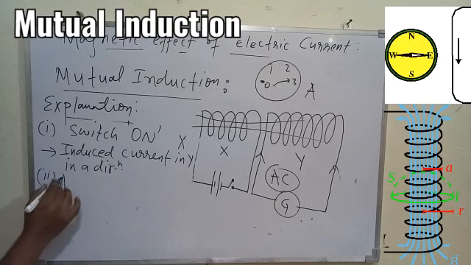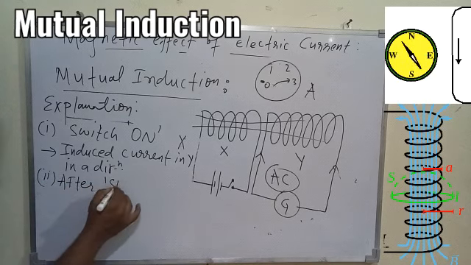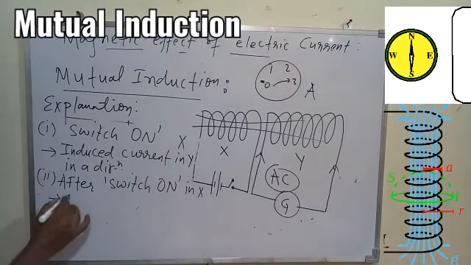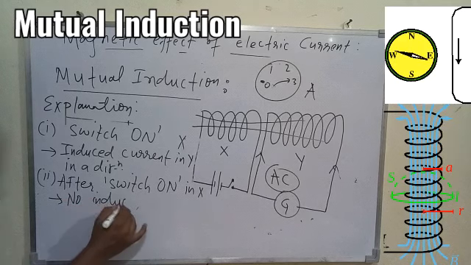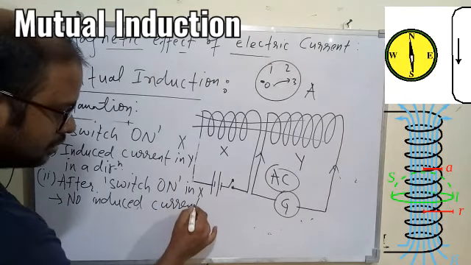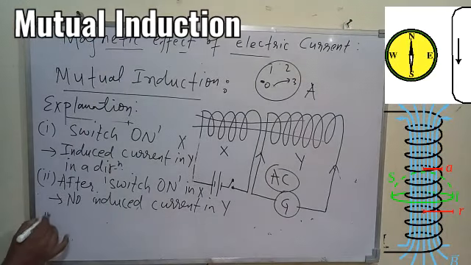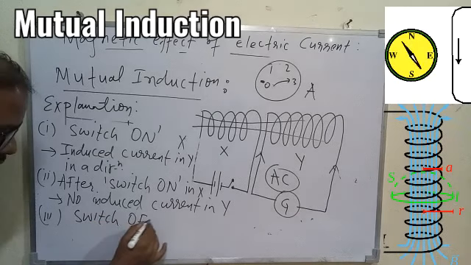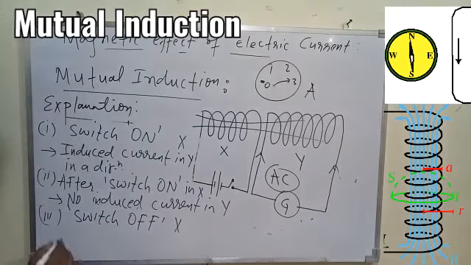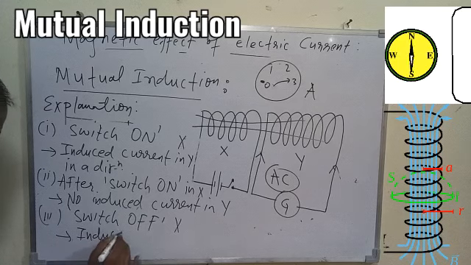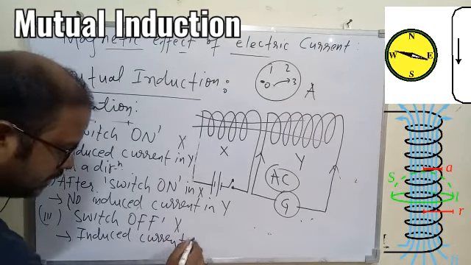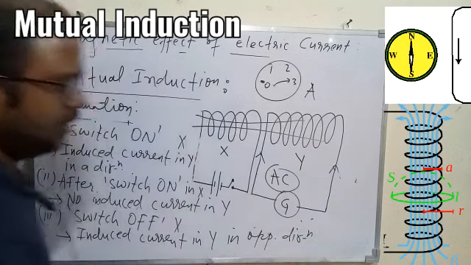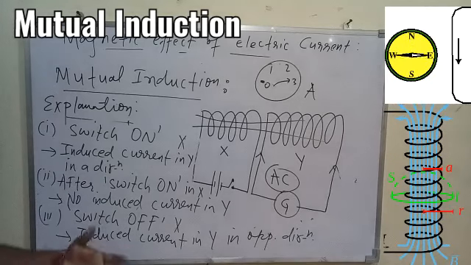Then after switch on in X, no induced current in Y. And third, switch off X: again induced current in Y in the opposite direction. So that will be your observation, and why, I have already explained to you.